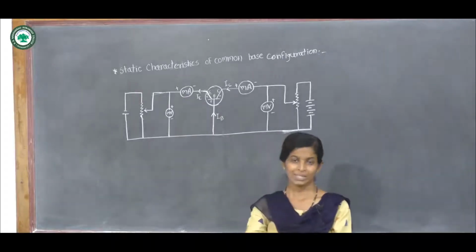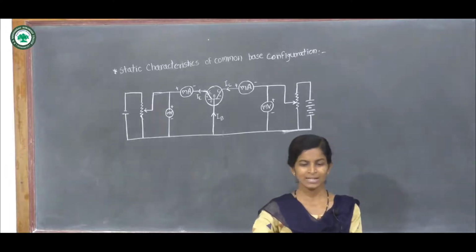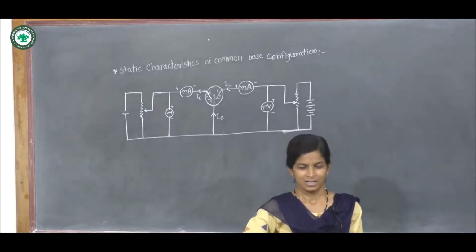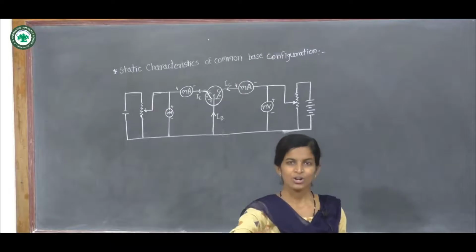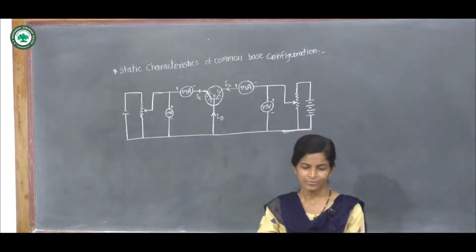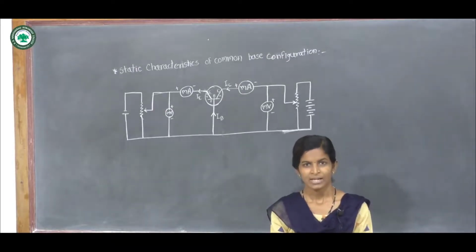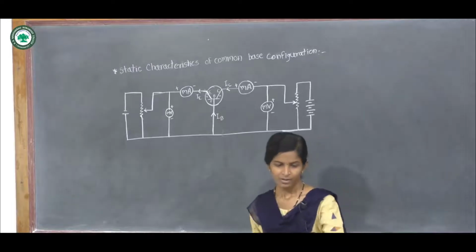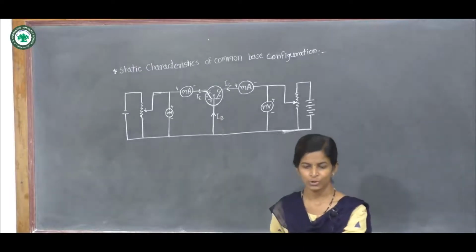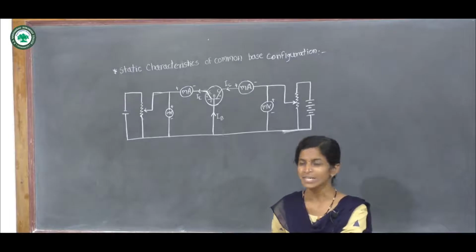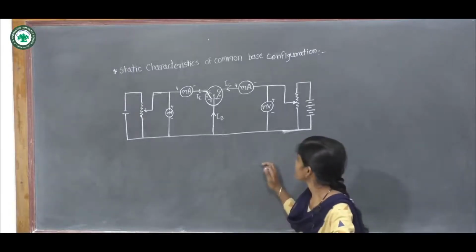The input characteristic is nothing but the plot of emitter current versus the emitter base voltage at constant collector base voltage.